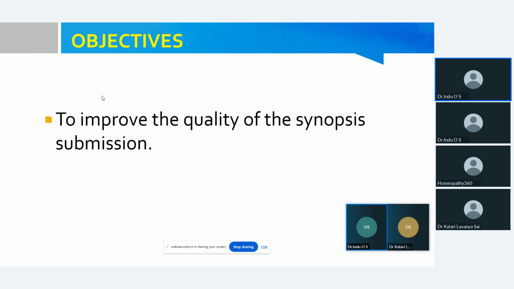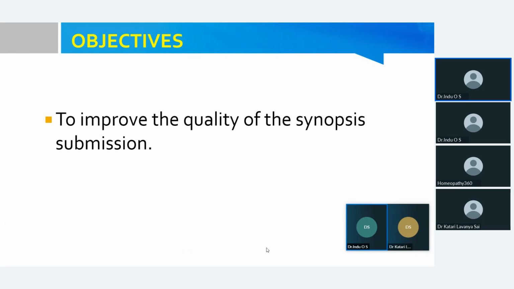Or else, the synopsis gets accepted, but after submitting the final report it is rejected again. Why does this happen? We may think about this. Most probably it is due to errors in writing a report or a synopsis.